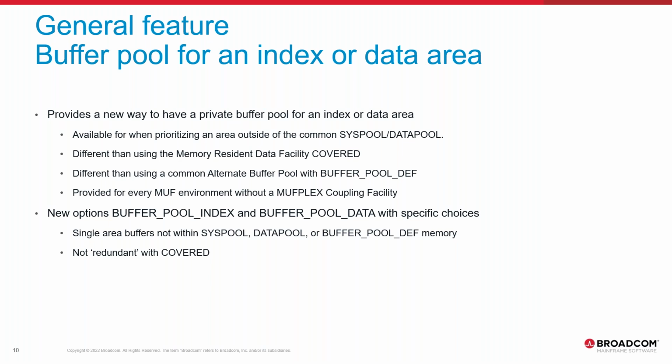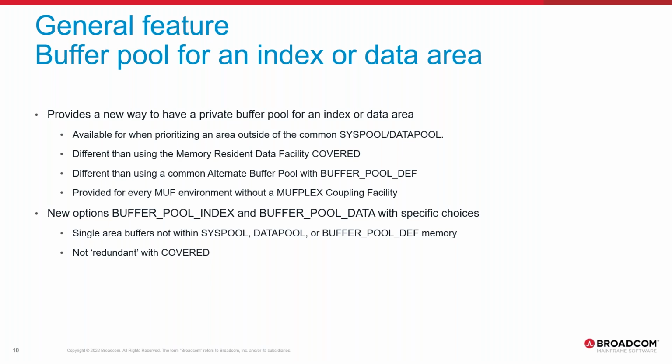So this is a private buffer pool. It's available when you want to prioritize an area outside of the common SYSPOOL data pool. It's different than covered. I'll talk about the details. It's different than what we call the alternate buffer pool definition. It's provided or allowed for every multi-user that does not have a muffplex coupling facility.